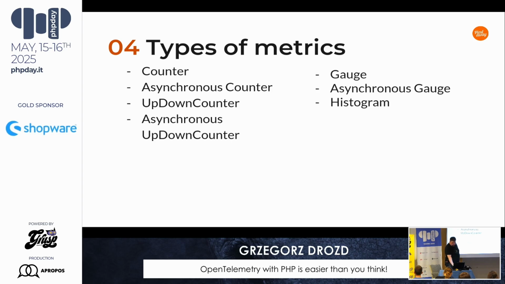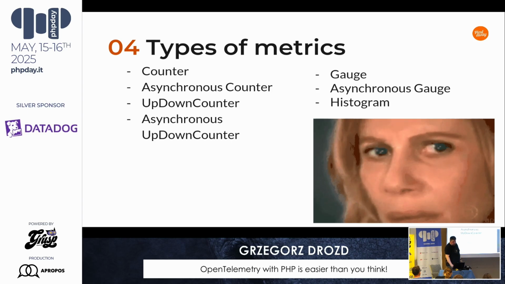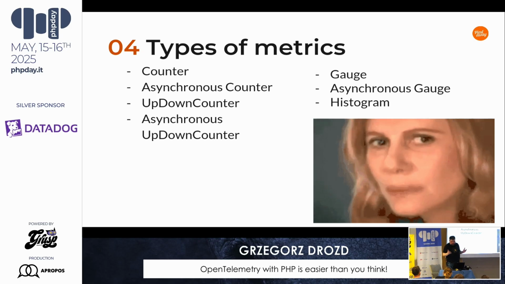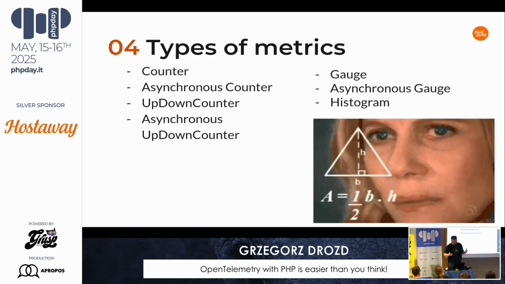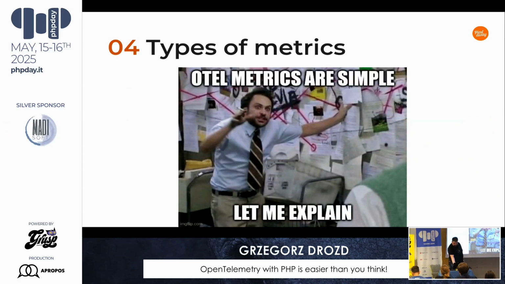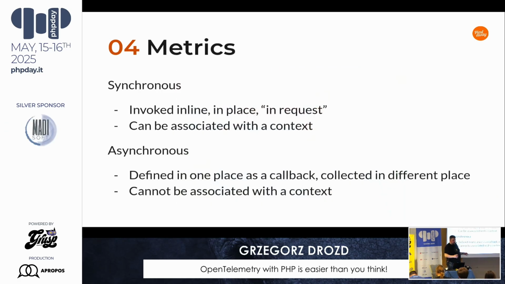So those are the types of metrics. And I know that some of you might be thinking that it was supposed to be simple, and I see some asynchronous counter, gauge, or whatever. But this is really simple. We divide metrics into two types, synchronous and asynchronous. The synchronous ones are the ones that are in the request, so they can be connected to a context.